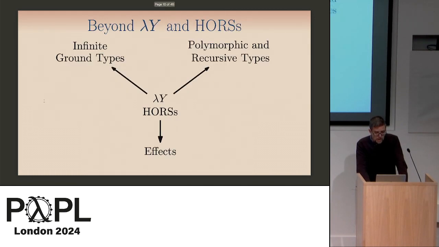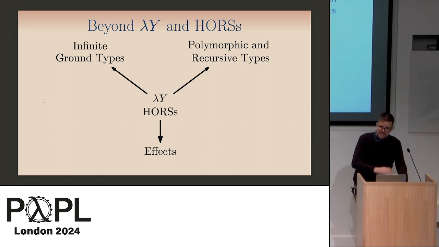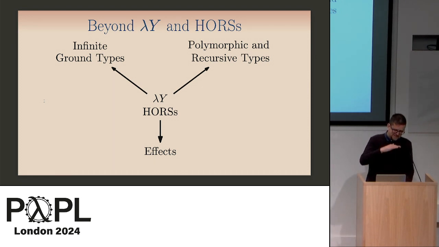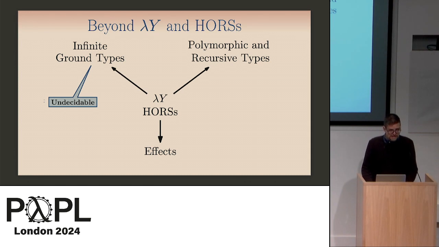Okay, so, fine. So we are interested in going beyond the realm of pure higher order programs as far as the left-hand side is concerned, as far as the class of programs is concerned. So for example, from lambda Y or higher order recursion schemes, you can go towards infinite ground types, but if you do so, you are immediately bound to be undecidable because your programming language is equivalent to PCF.